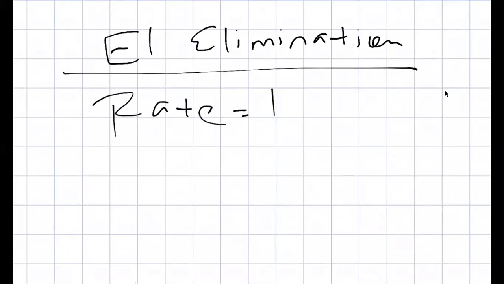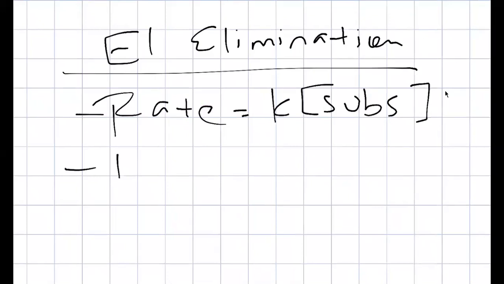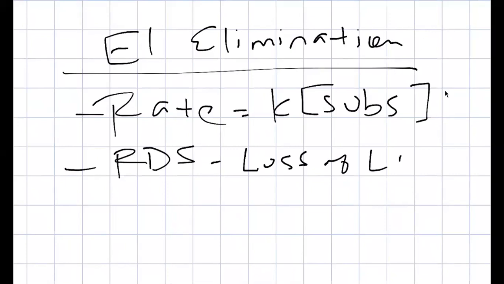Just like the SN1, the rate is k times the concentration of the substrate. Just like the SN1, the rate determining step is the loss of the leaving group. Just like the SN1, you get a carbocation intermediate.